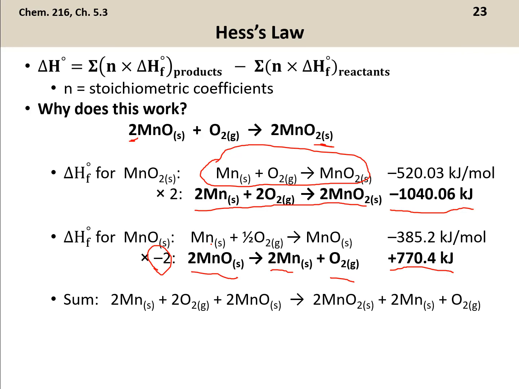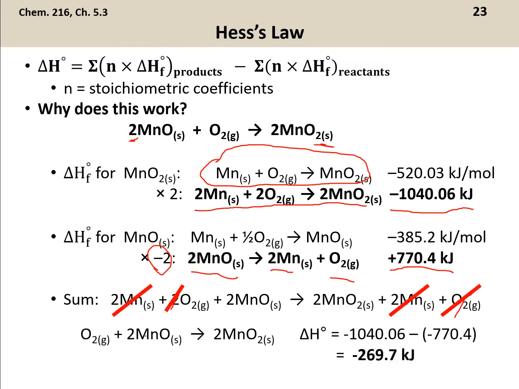If I add these two up, I would get this long equation, but notice there are two O2s here and only one here, so this would cancel out, and I'd end up with 1 O2 plus 2 MnO going to form 2 MnO2, and I can figure out my delta H. So this equation right up here is a convenient way to figure out enthalpies for reactions based on heats of formation.